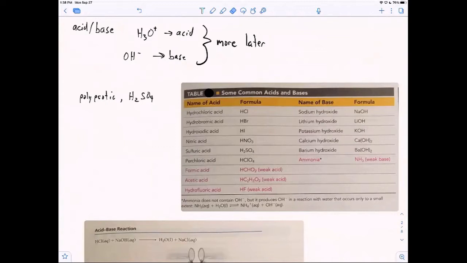That's the Arrhenius theory of acids and bases. You might have heard the Bronsted-Lowry, where acids are proton donors, bases are proton acceptors. And there's Lewis theory, where acids are electron pair acceptors, bases are electron pair donors. We will talk about that in much greater detail.